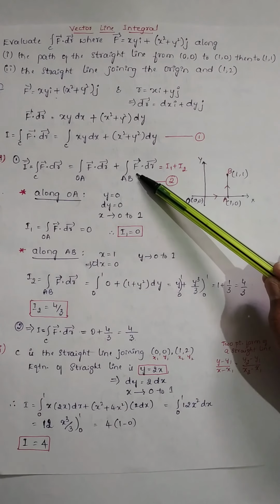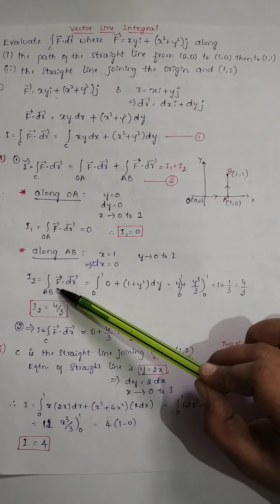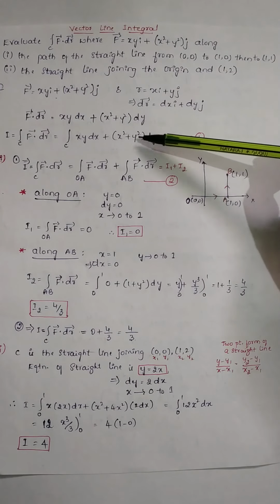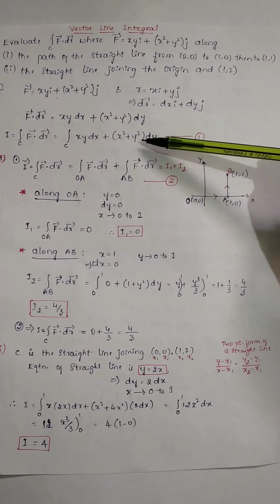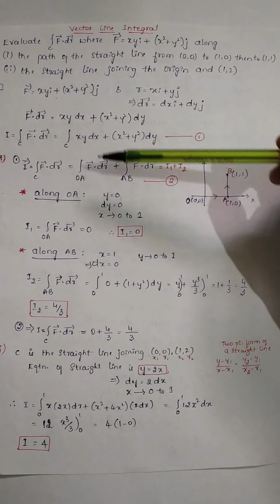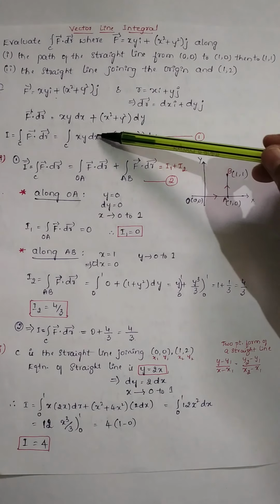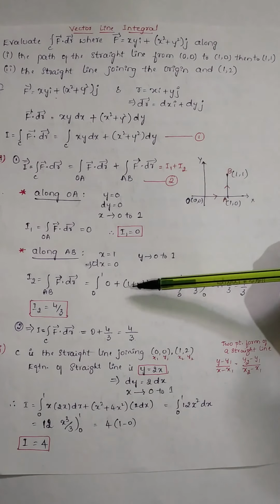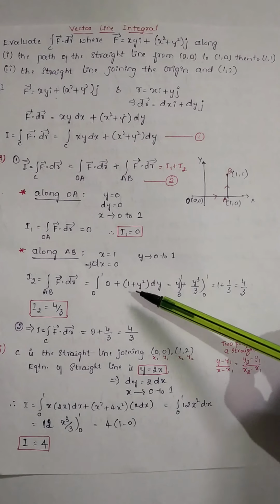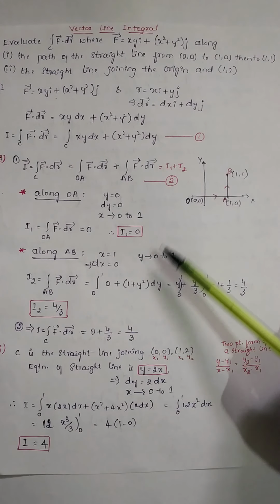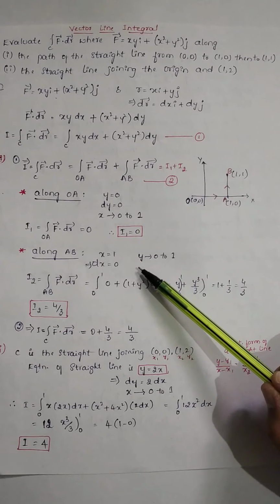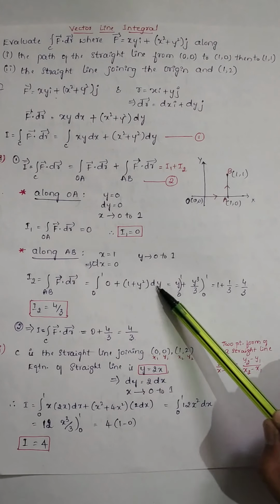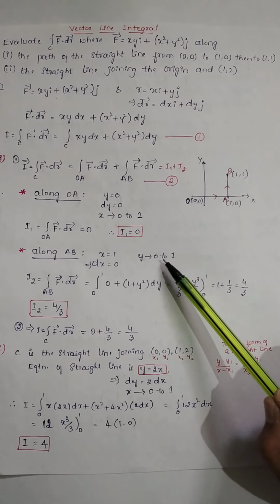I2 is equal to the integral over AB of F dot dr, and here you substitute x equal to 1 and dx equal to 0. In the first term dx is 0, so the first term is 0, and in the second term you put x equal to 1. The function becomes (1 plus y square) dy, converted to the single variable y, with y varying from 0 to 1.